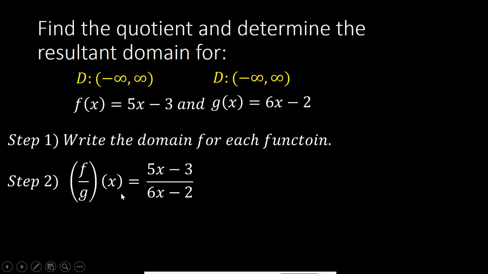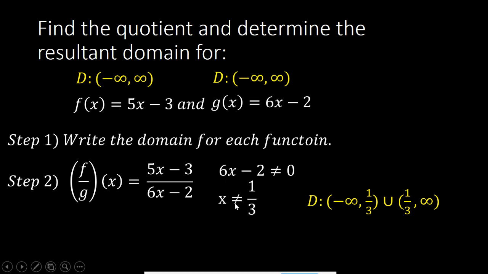But what we don't have is the domain. And the easiest way to find the domain is to just grab the denominator and say this can never be 0. This is what I was trying to talk about. We want to grab this and bring it over here and simply say 6x minus 2 can never equal 0. We want to solve this for x. So I'd add over the 2 and then divide by 6.